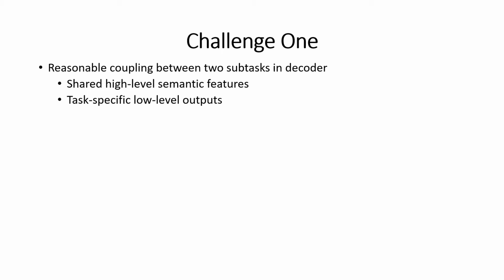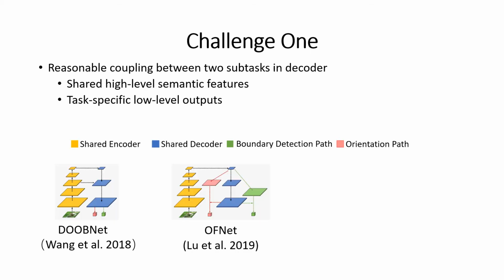The first challenge of this task is how to utilize the limited coupling between these two subtasks in the decoder stage. On one hand, shared high-level features help these two branches to generate consistent outputs under the same semantic guidance. On the other hand, the two subtasks need to learn task-specific properties in the lower stage with larger spatial size.